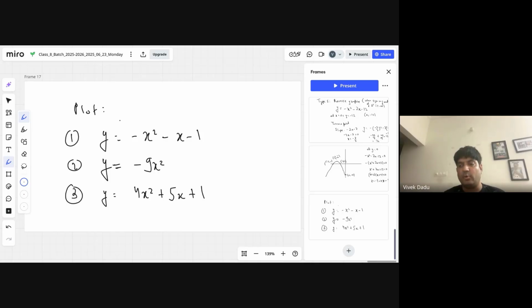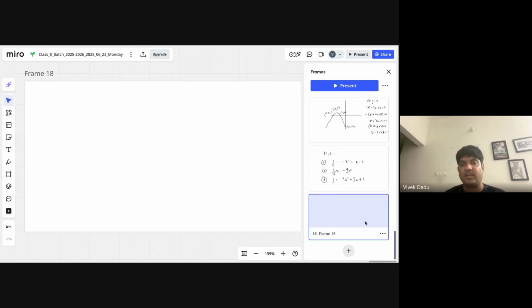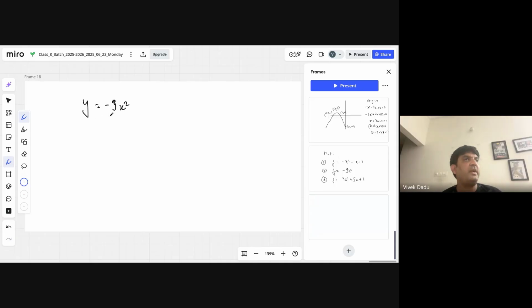Okay, I am doing the second one, guys. Actually, second one, a lot of people are messing up and I'm a little surprised. See, this is not cubic graph. This is x square type. And what is the sign in front of x square? Negative, right? Now see, at x equal to 0, y is 0. Now turning point, how do we find?